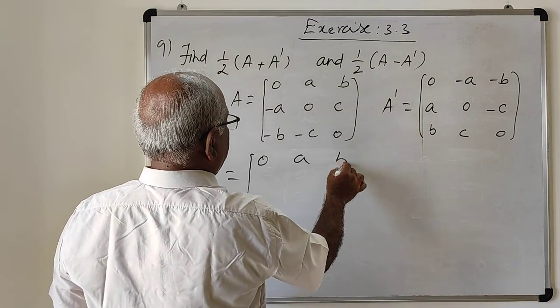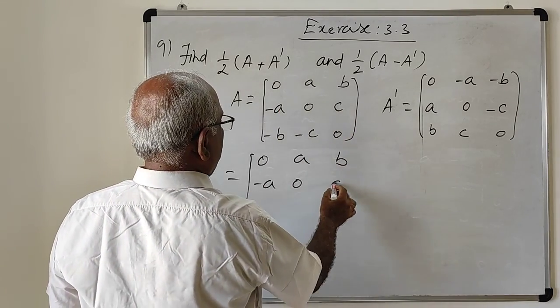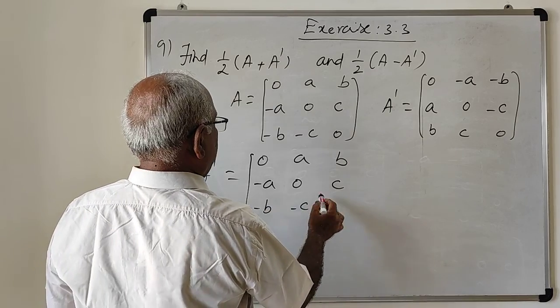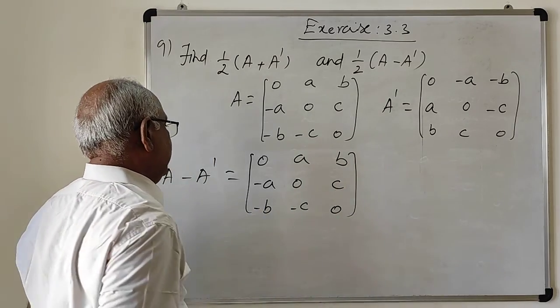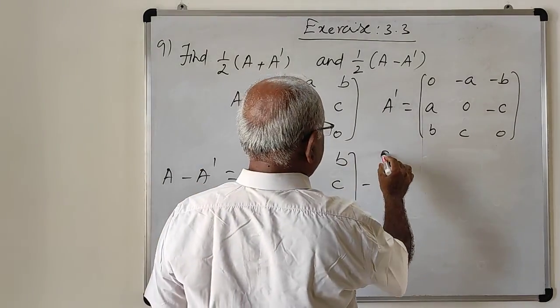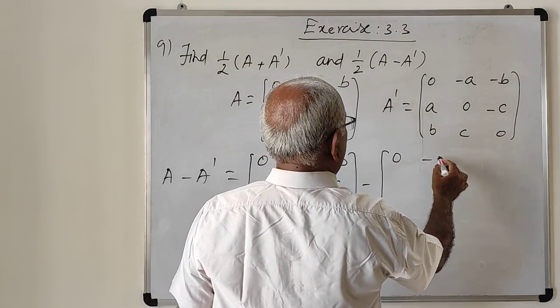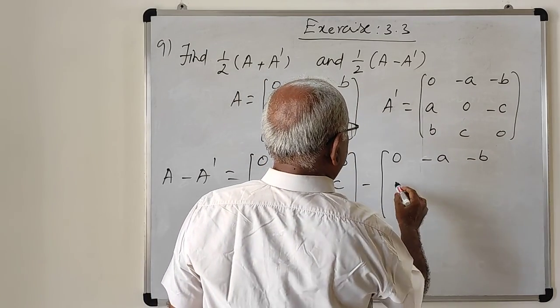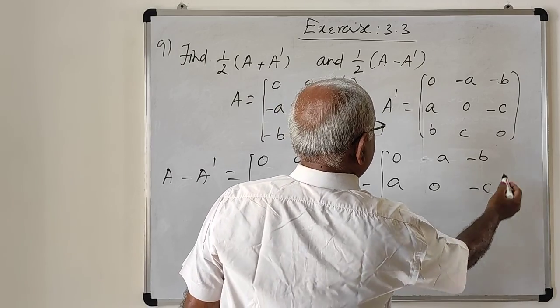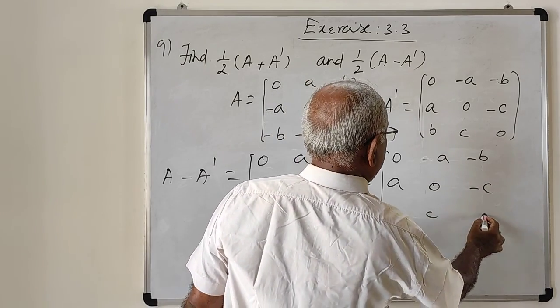A is 0 a b, minus a 0 c, minus b minus c 0. And A dash is 0 minus a minus b, a 0 minus c, b c 0.